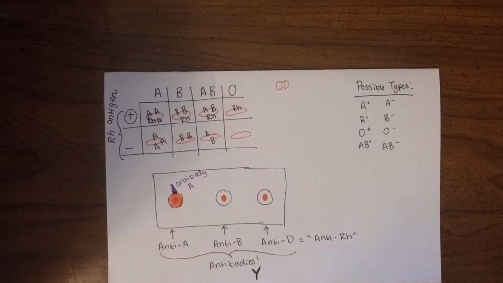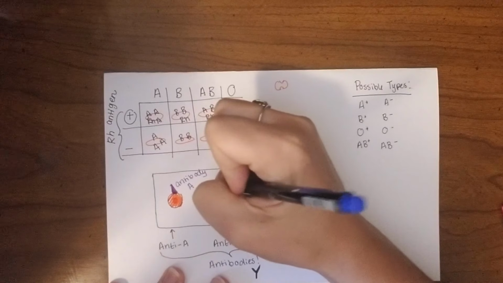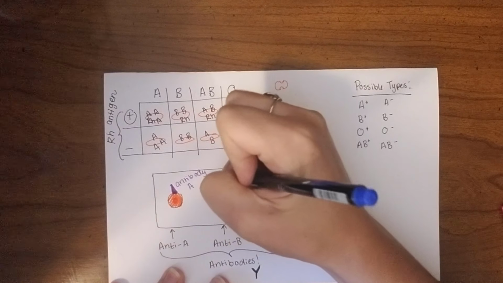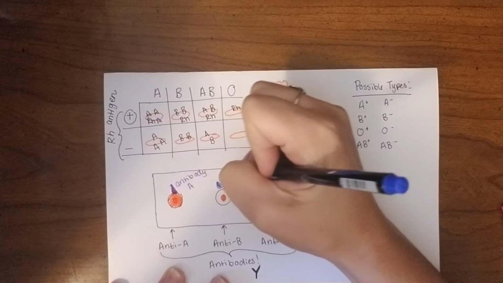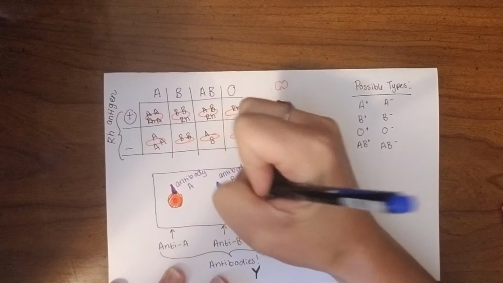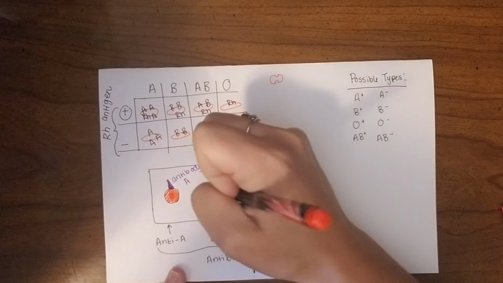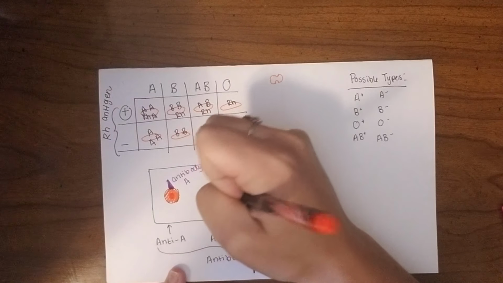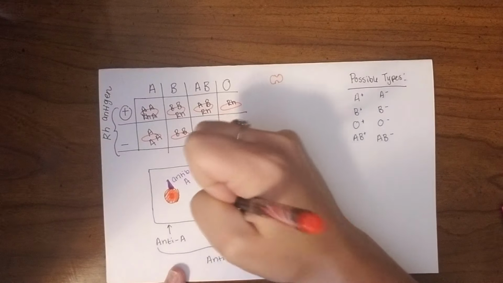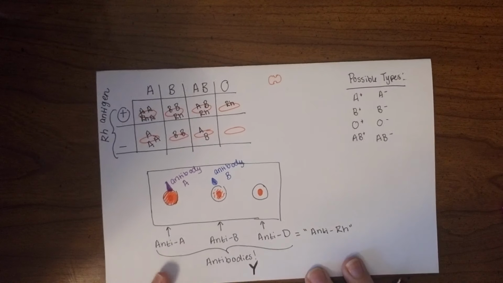Now let's do antibody B. This time, let's do a different color here. This time you put a drop of antibody B. And now, when you mix that with your blood, instead of seeing something really nice and smooth, you see this kind of clumping. Okay, the blood got speckly.